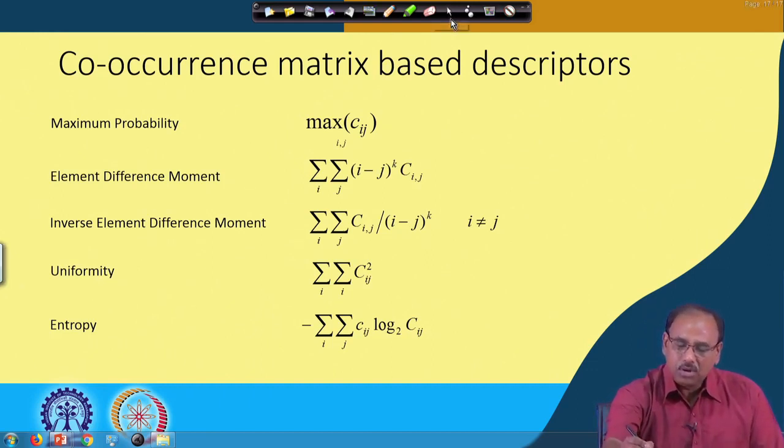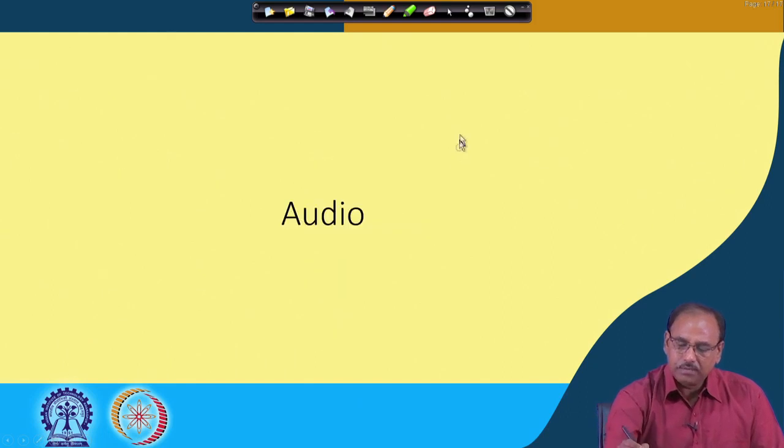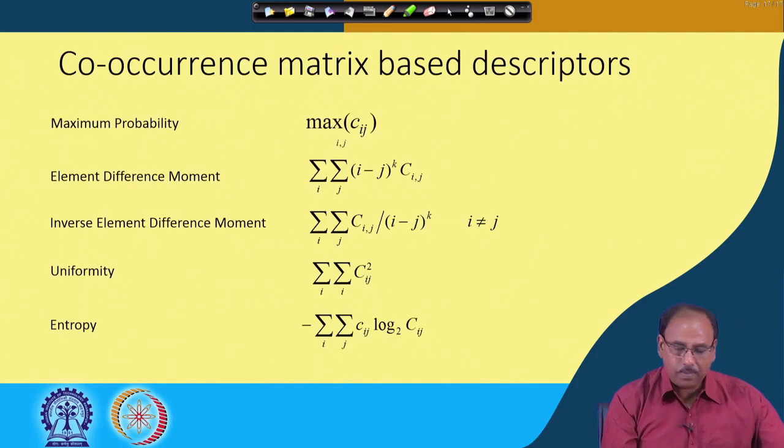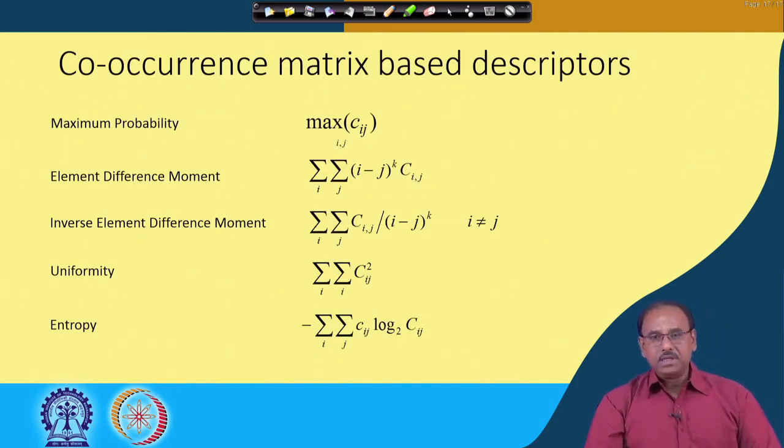We can also obtain features in the frequency domain. These are the features that we can have in the pixel domain, in the raw image. If I want to compute features in the frequency domain, there are different transformations that can be applied on the given texture image to transform it into the frequency domain, and I can compute different types of descriptors there.